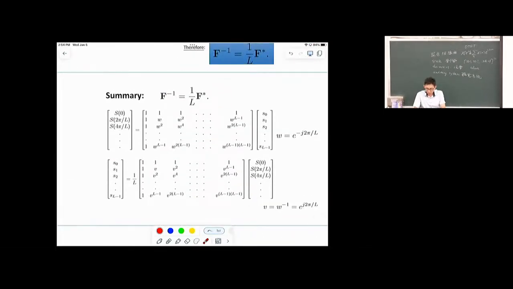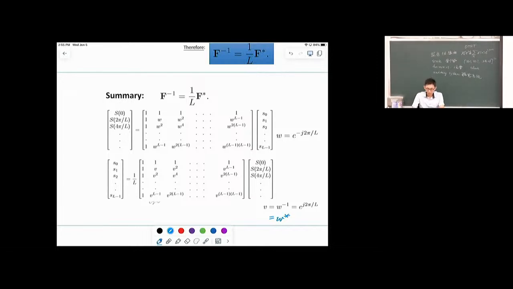So this is a summary. If the forward Fourier transform goes from the time domain to the frequency domain like that, the inverse Fourier transform goes from the frequency domain to the time domain like this, with a normalization factor, and the factor V right here is equal to W conjugate. And W conjugate is W inverse.